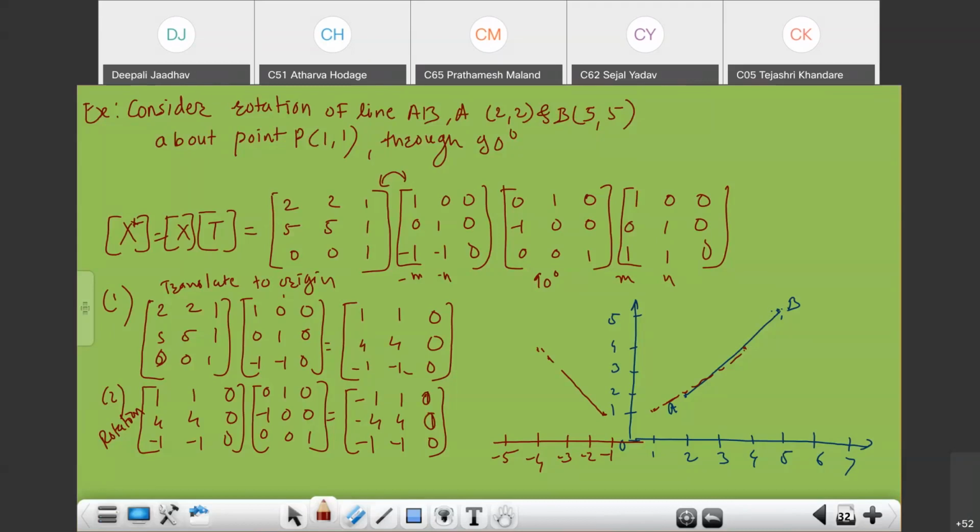Check. You can observe that this line, this AB blue line, is first translated toward the origin. Now it is rotated through 90 degrees, and the last step is to translate it back to the original position. So this result, multiply it with the last one.